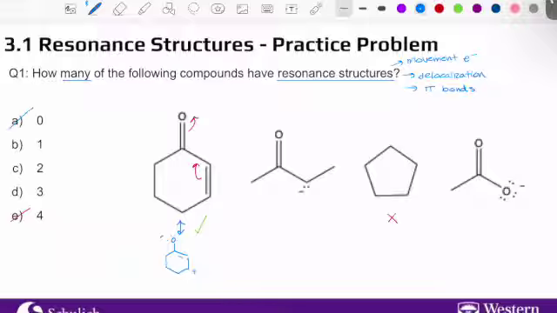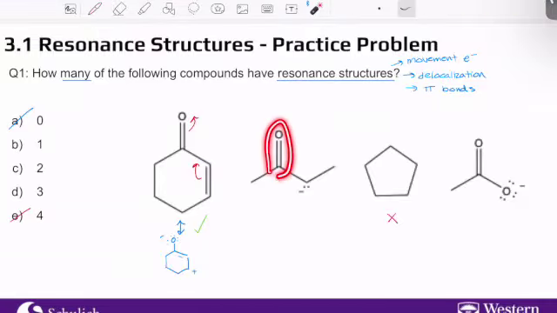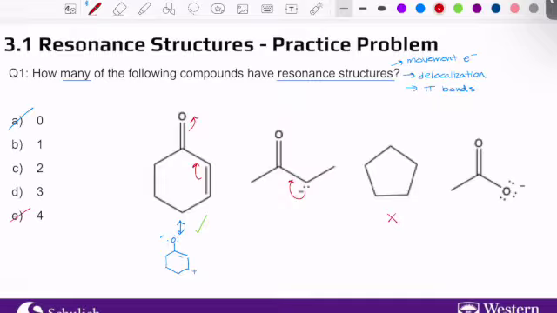In terms of our second compound, we have an anionic compound because we have a carbon with a negative charge. This lone pair can be delocalized because of the adjacent pi bond illustrated here, meaning we could have delocalization of our electrons causing the following resonance structure.